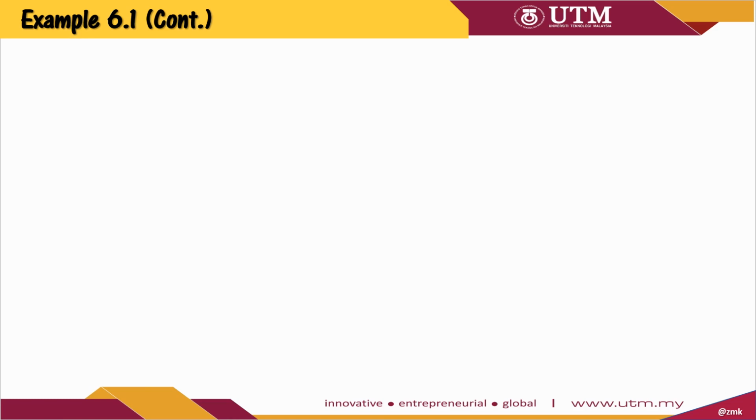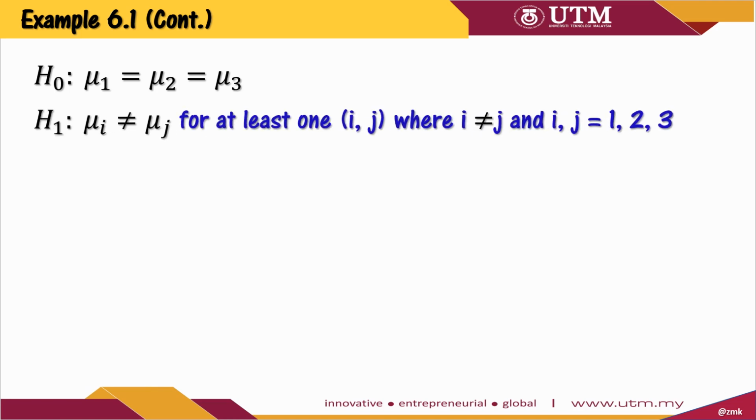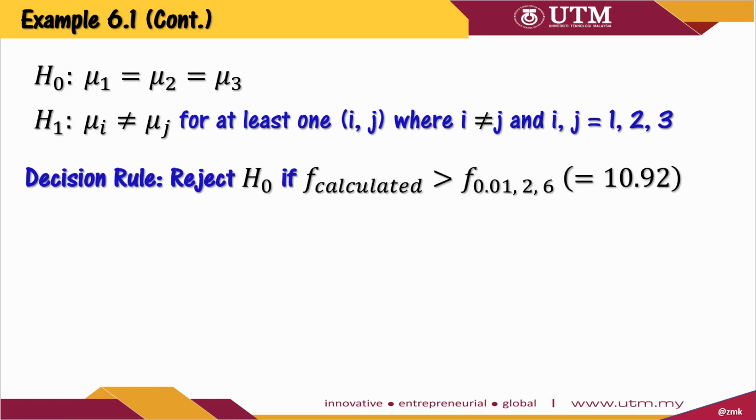Since you are to test if the three population means are equal, then under the null hypothesis H0, mu1, mu2, and mu3 are all equal, against the alternative hypothesis H1, where mu i is not equal to mu j for at least one i, j, for i or j equal to 1, 2, or 3, and i is not j at the same time.